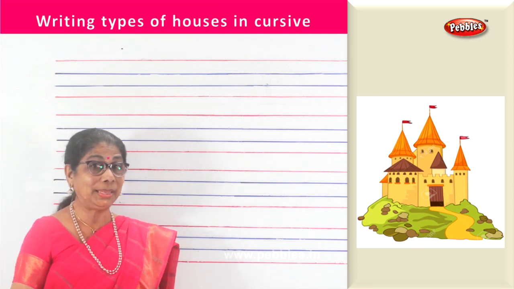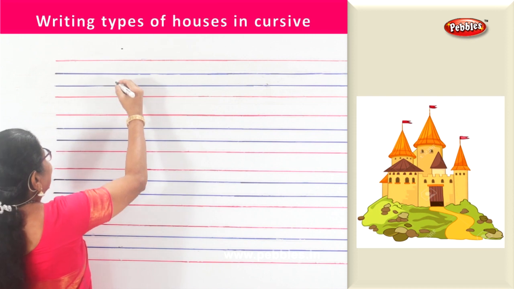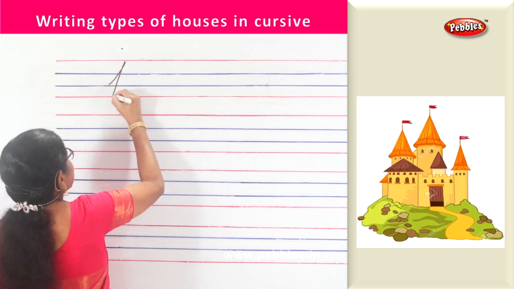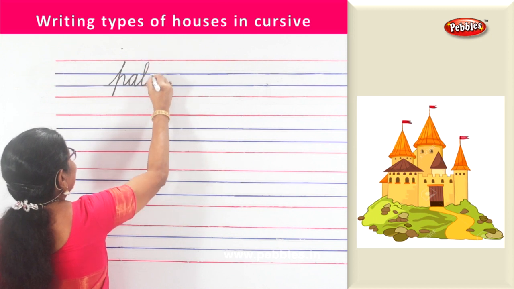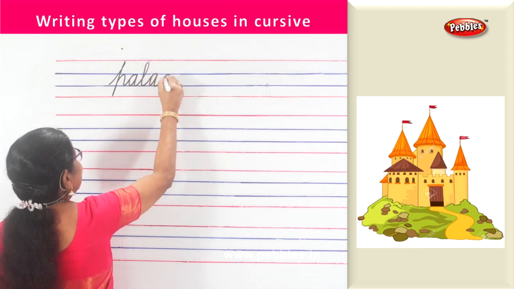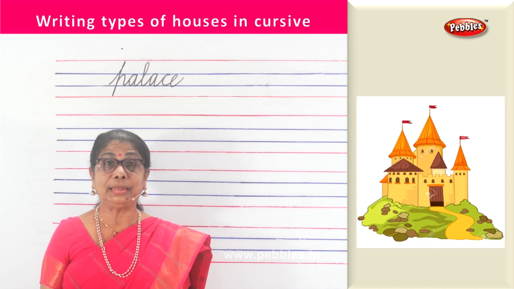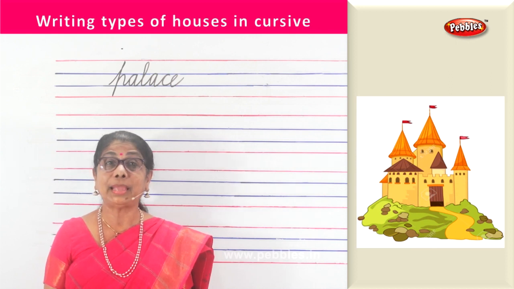Let's write P, palace. P-A-L-A-C-E, palace. Let's write P capital.